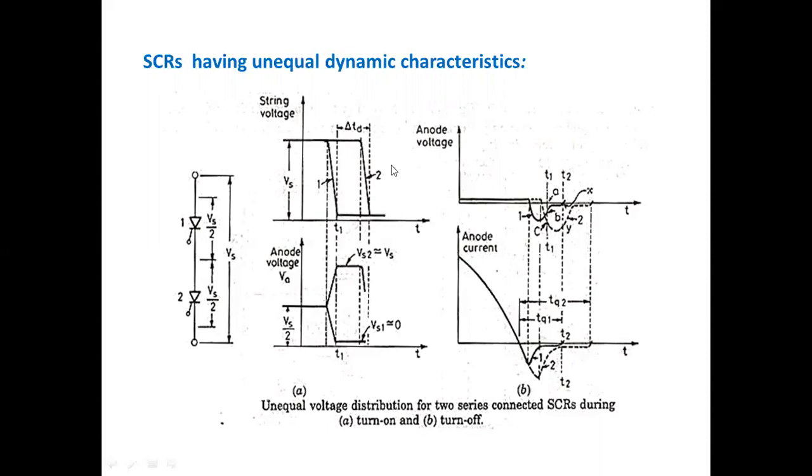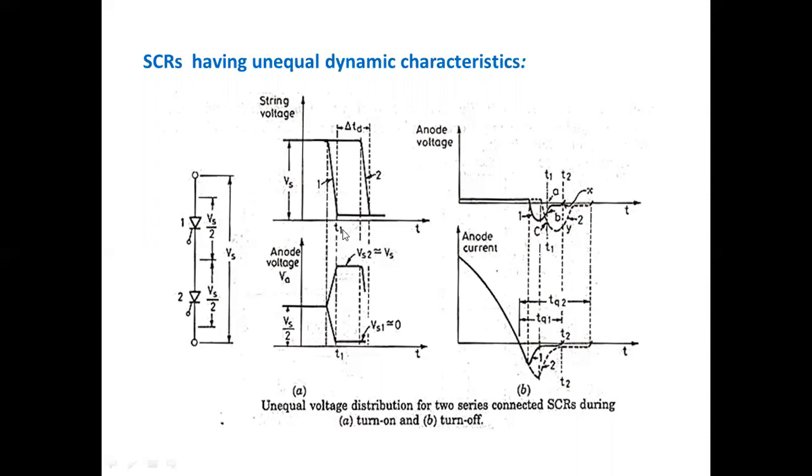String voltage means the total voltage across the two SCRs. Across one SCR the voltage should be only Vs by 2, but here we observe a larger value of Vs.